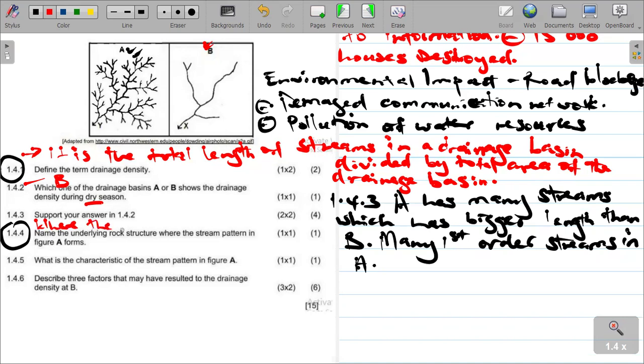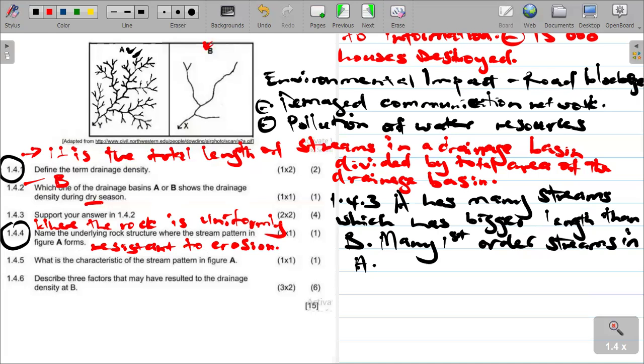The rock is uniformly resistant to erosion.